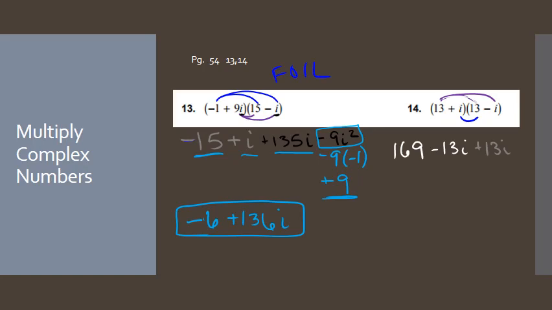And I times negative I is going to be negative I squared. So if we look at that, it's going to be negative 1 times, that's the negative 1 right there, and I squared is also negative 1, which would make that a plus 1. So I'm going to take 169 plus 1 would be 170, and then the two pieces in the middle cancel out. So this answer actually ends up just being 170.